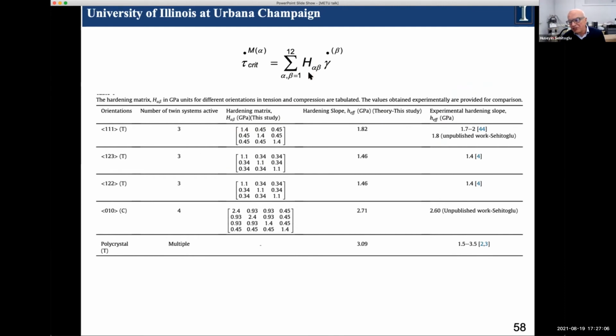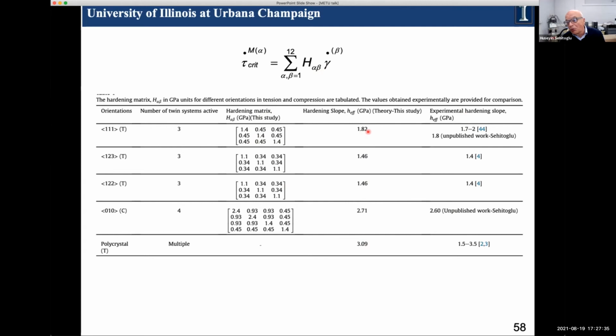There's a formula suggested a long time ago, a good formula, but it's only applicable really to face-centered cubic materials, and people tend to use it for various materials, including BCC, but it depends on the very specifics of the interaction. So we determine this H alpha beta matrix in this case, and we can predict the hardening slope, and the experimental slopes are here.